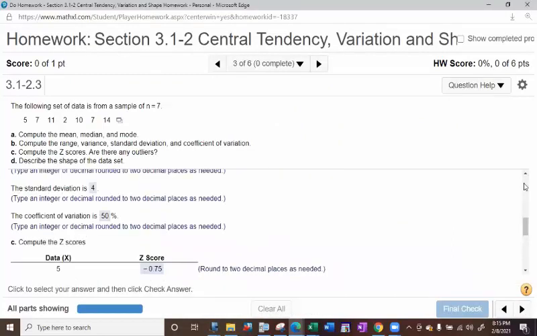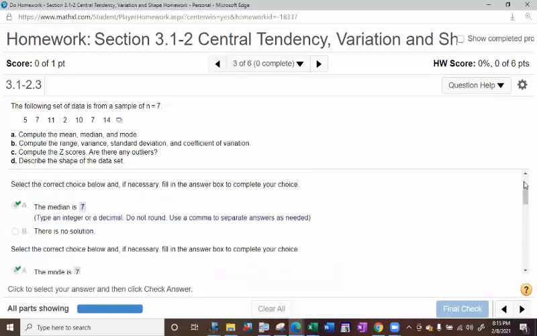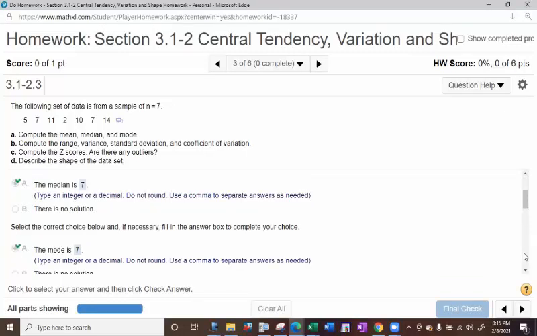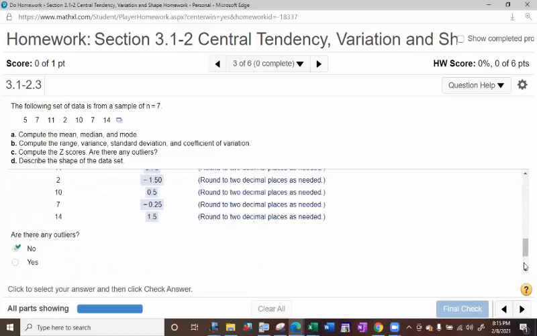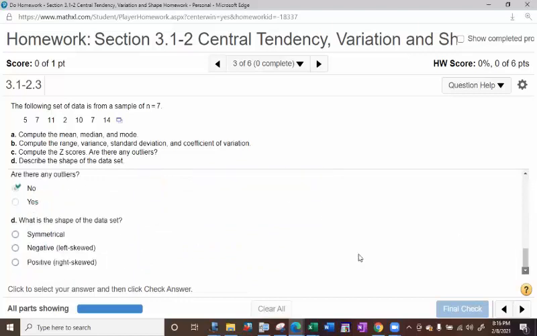Go back up here. The median is 7. The mean is 8. So the median is not greater than the mean. It's less than the mean. So that should be skewed right as the answer. So it's just following that definition.